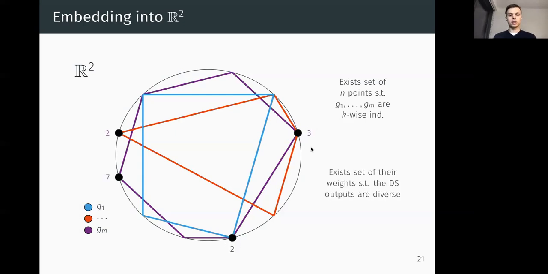That implies that there exists a set of weights that we can assign to those points, such that the outputs of the data structure problem have to be diverse. So the sum of the points inside each polygon, if you compute those weights, the outputs will be diverse with high probability if you assign random weights to those points.